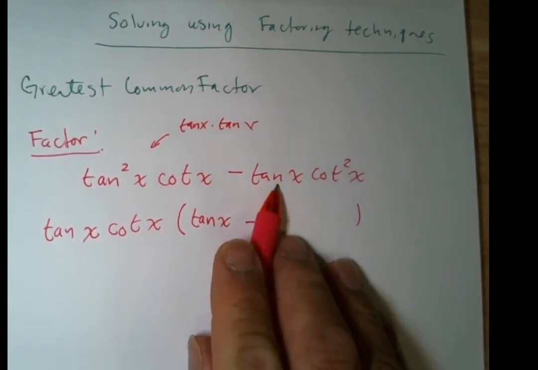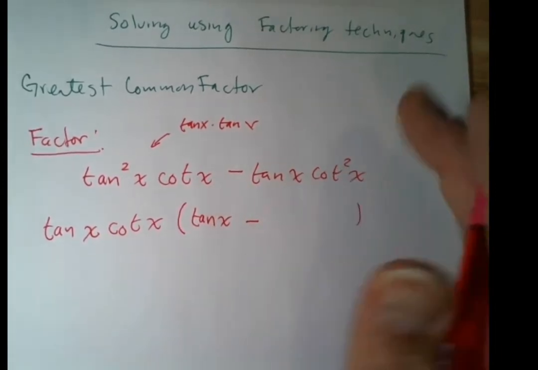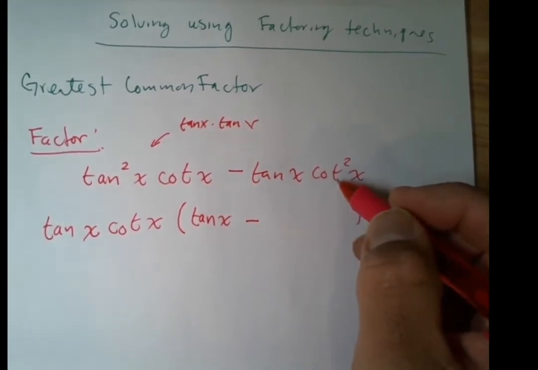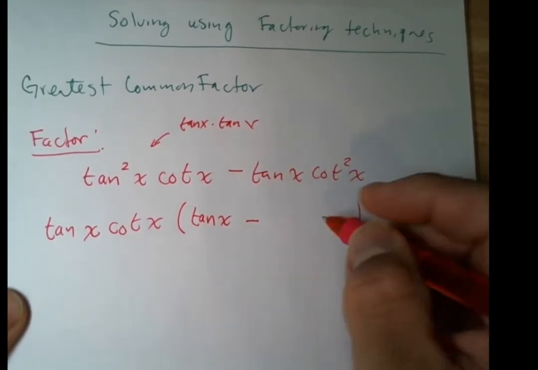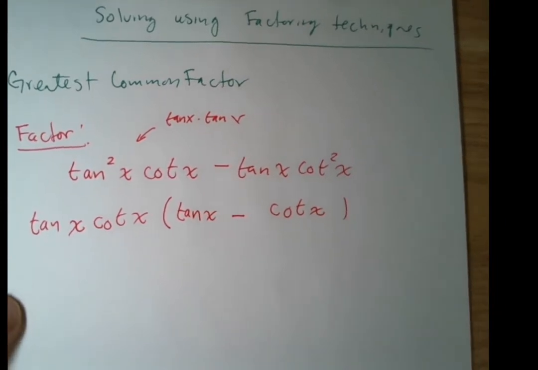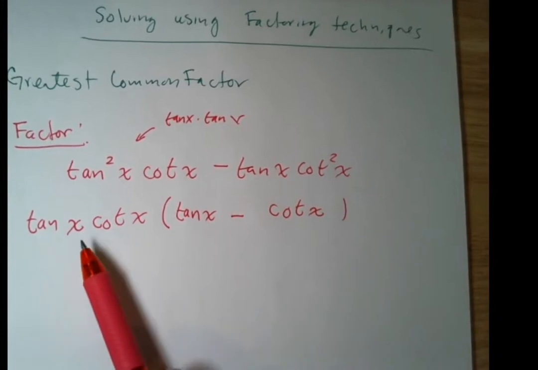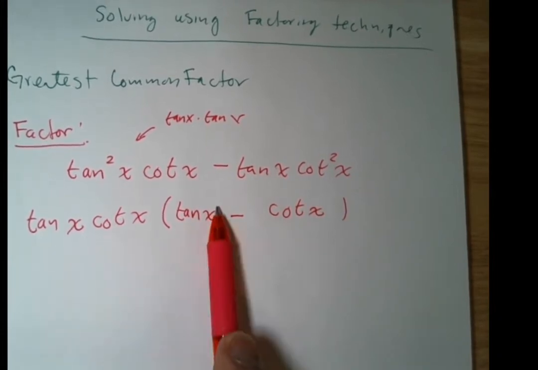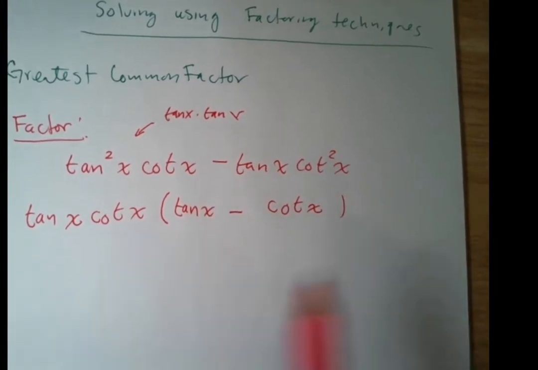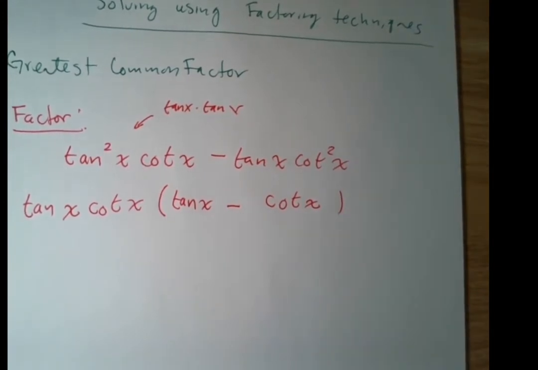Over here, we factored out one factor of tangent x, so it's just 1, no need to write it for now, because we have a factor of cotangent squared, but I factored 1 out, so we have cotangent x. Now it's factored completely. If you distribute, you should get back your original expression. That's one way to check.